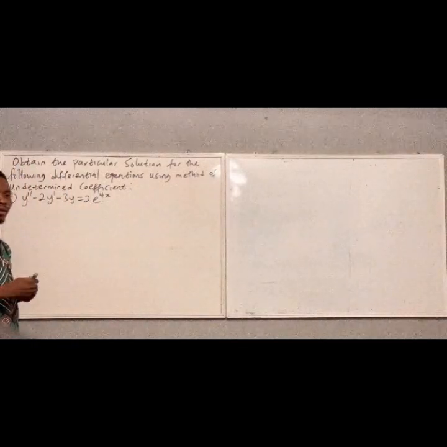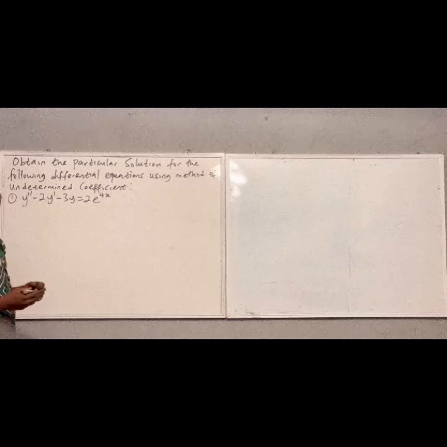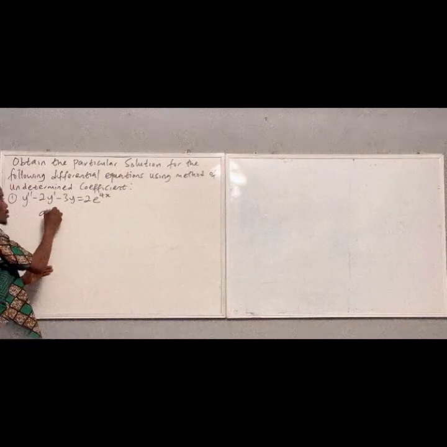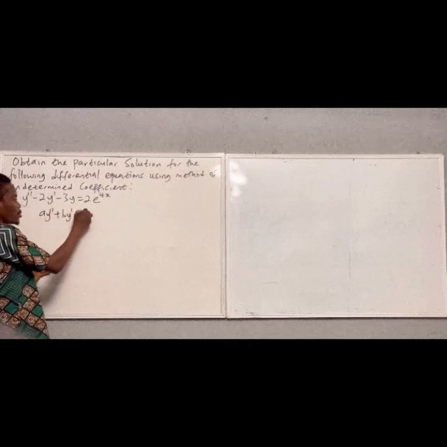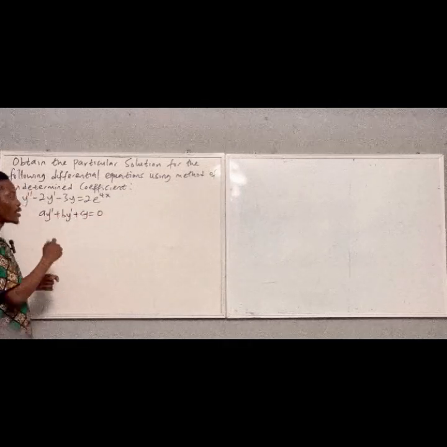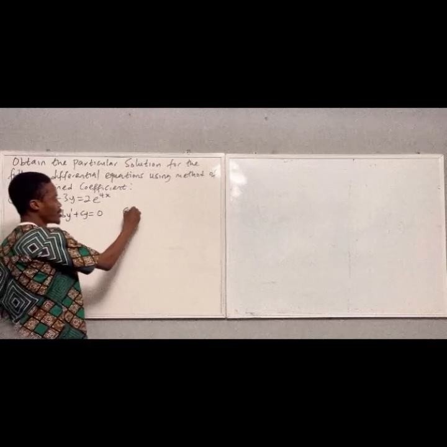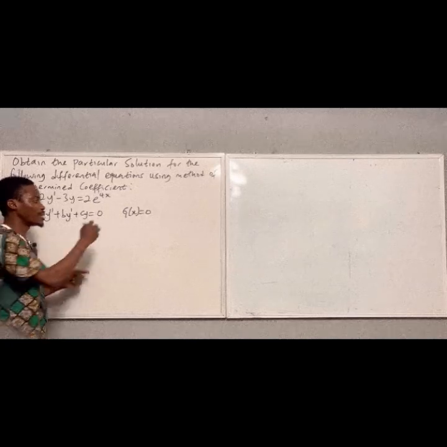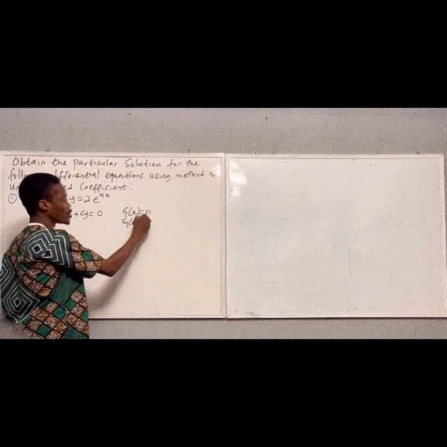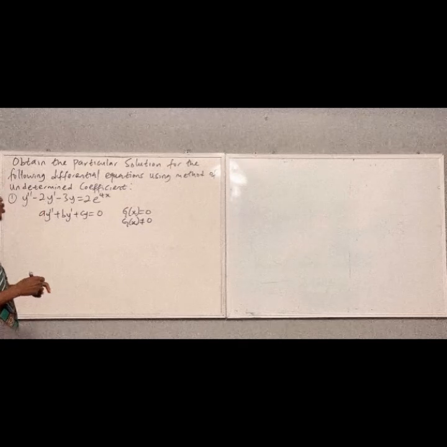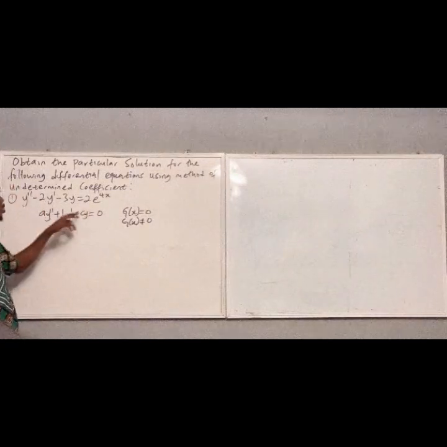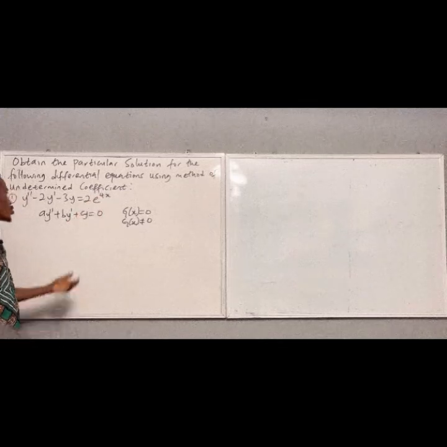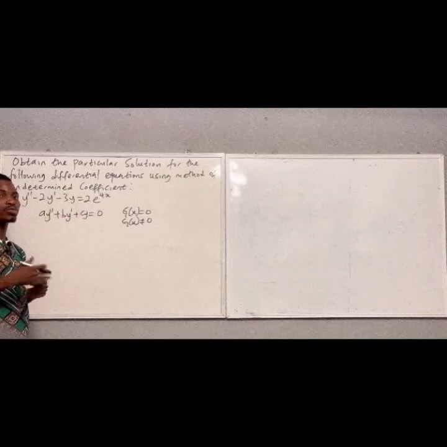I explained in our previous lesson on second order homogeneous that if our g of x is equal to 0, we'll call it homogeneous, and if our g of x is not equal to 0, we'll call it non-homogeneous. So you can see from this question that it is not equal to 0, it is 2 exponential to the power of 4x. So this is second order non-homogeneous.